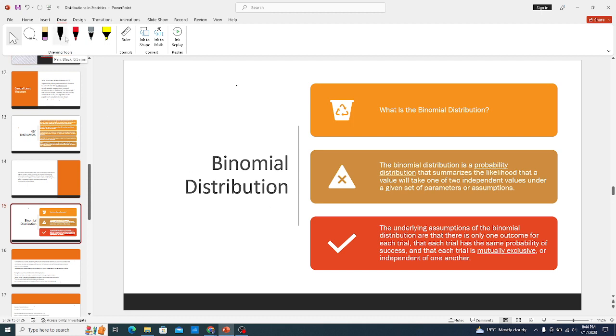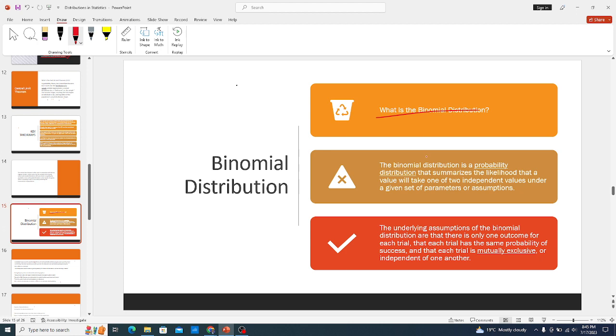Good. Now let me start with the definition of the binomial distribution. The binomial distribution deals with the likelihood that one of two possible outcomes will happen.